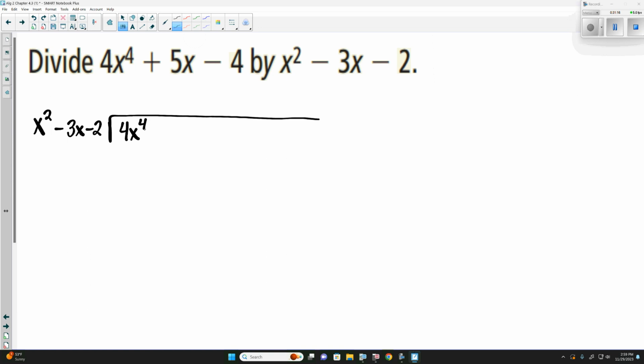So, last one we're doing today is this one here. Outside, our radical is going to be x squared minus 3x minus 2. Inside, our first term is 4x to the fourth plus what?